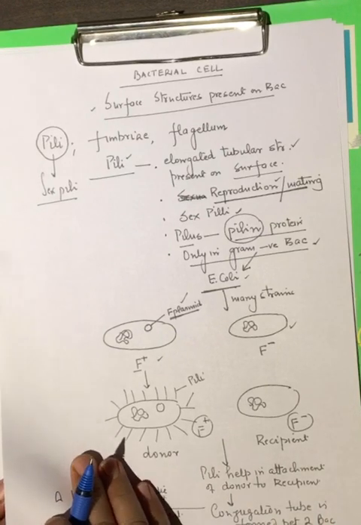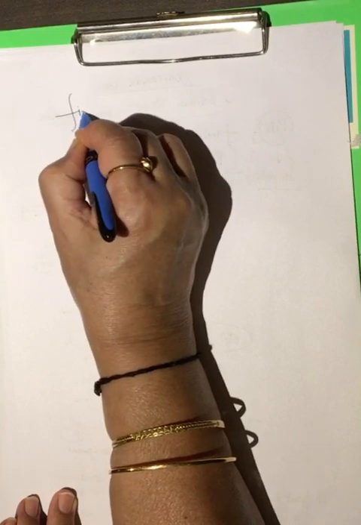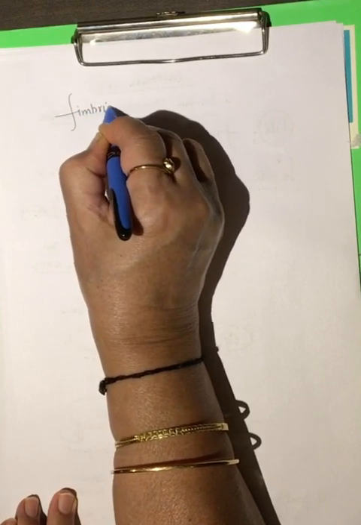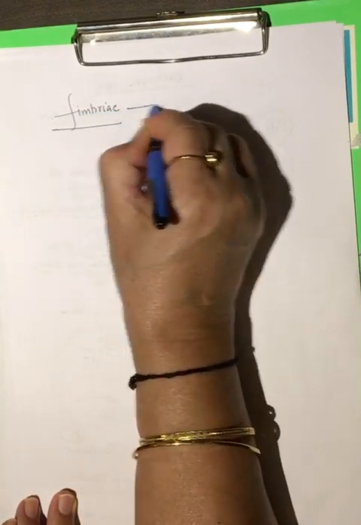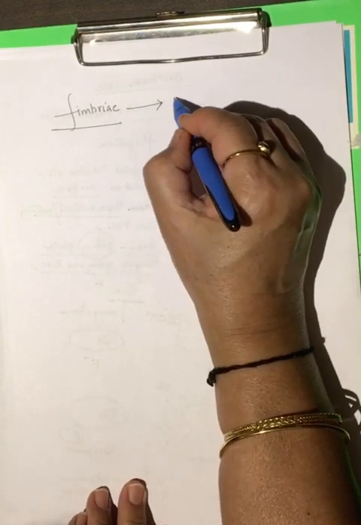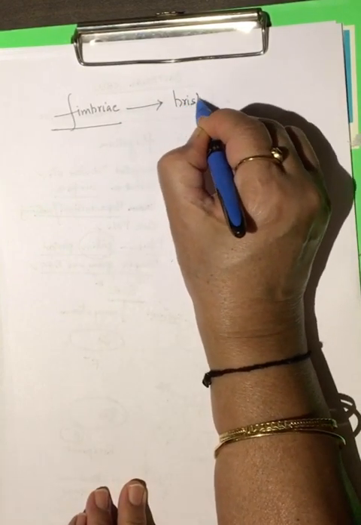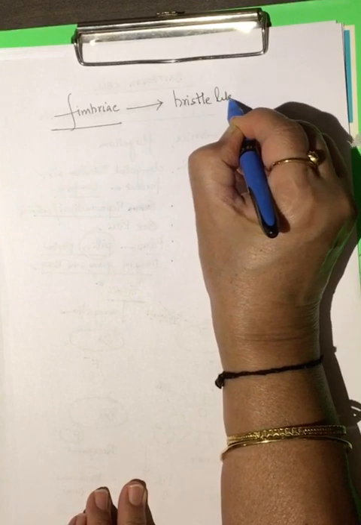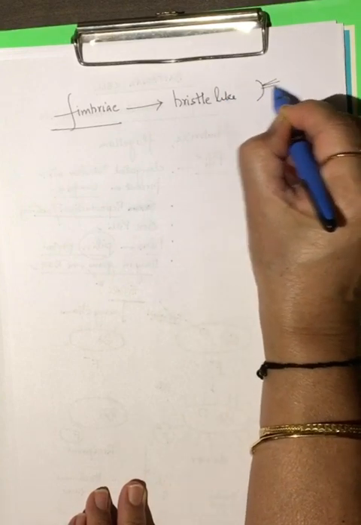So this is pili. And then next to pili we have fimbriae. Now fimbriae are also surface structures. They are bristle-like structures, you know, bristle-like this.